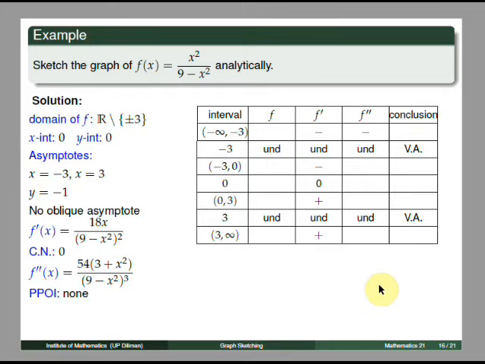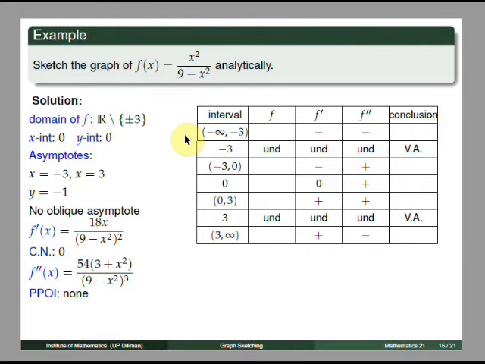So we have negative here, positive from negative 3 to 3, and then lastly negative from 3 to positive infinity. Nice! We're done with the table of signs of f prime and f double prime, and we move on to the conclusions derived from these signs.